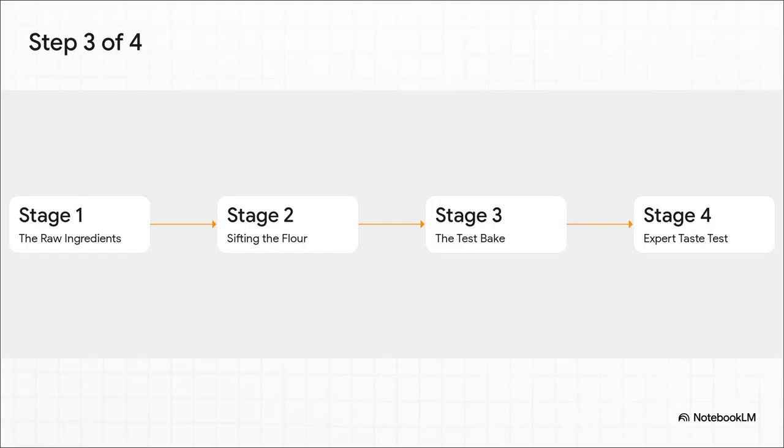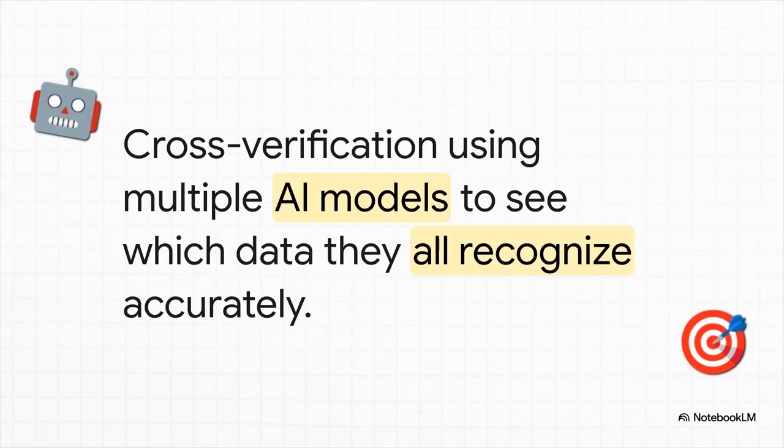Okay, so our flour is sifted, but is it actually good enough to bake with? That brings us to step three, the test bake. What we do here is take those 30,000 images and we show them to a bunch of different pre-existing AI models. Think of these AI models as like different ovens. We're looking for the images that bake perfectly in every single oven.